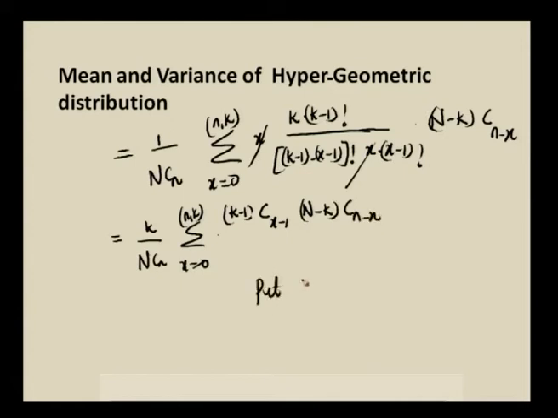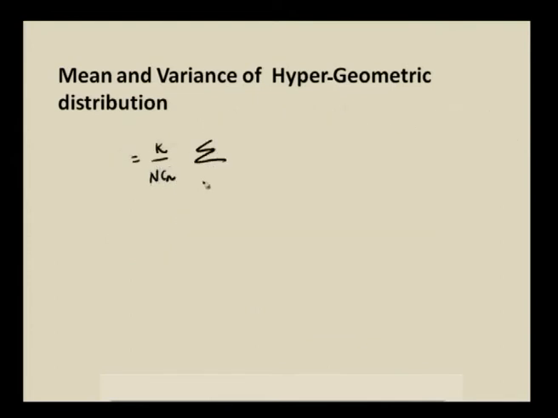When you put k minus 1 equal to k dash and x minus 1 as x dash, the whole expression becomes, only for the summation, k by NCn summation ranging for whatever the values of x, of k dash C x dash, and this becomes (N minus k dash minus 1) C (n minus x dash minus 1), right.